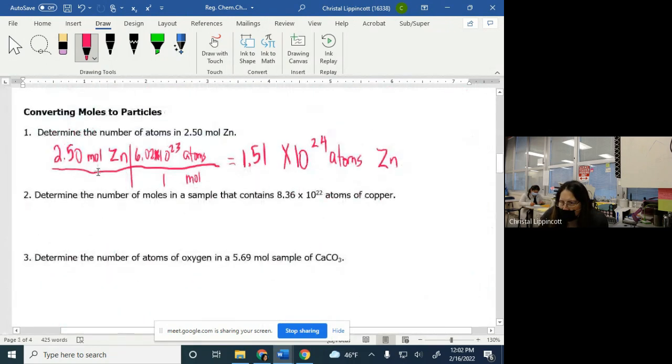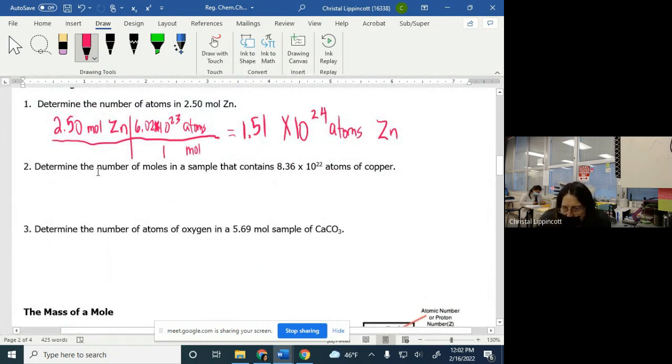If you want to see what that looks like in dimensional analysis terms, it's going to be 8.36 times 10 to the 22nd atoms of copper.